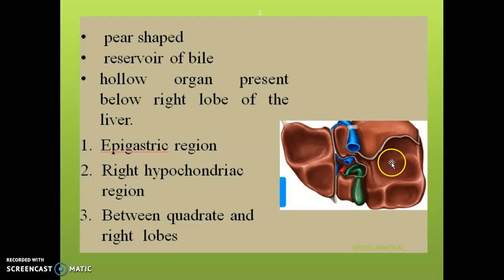The liver occupies the right hypochondrial region and epigastric region of the abdominal cavity. So our gallbladder also occupies the same space, and it is present on the visceral surface between the caudate and quadrate lobe of the liver.